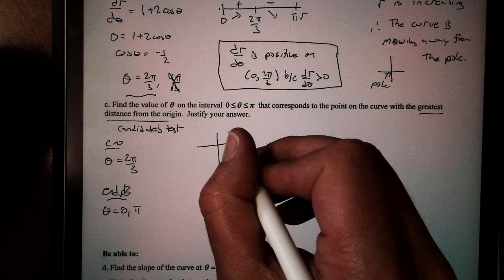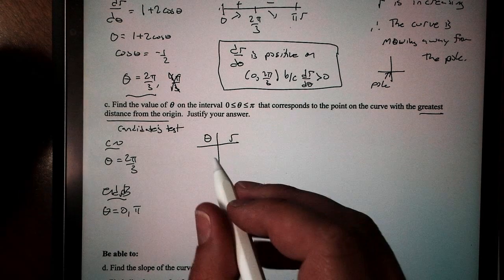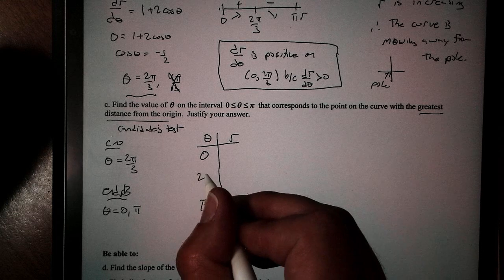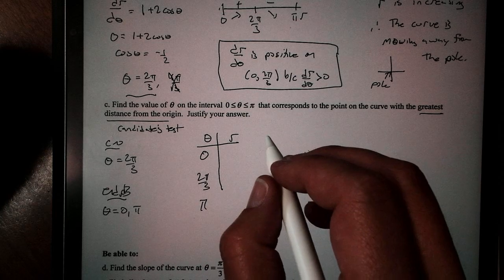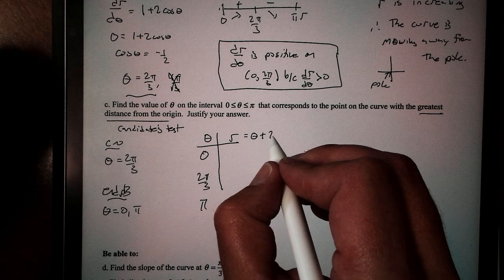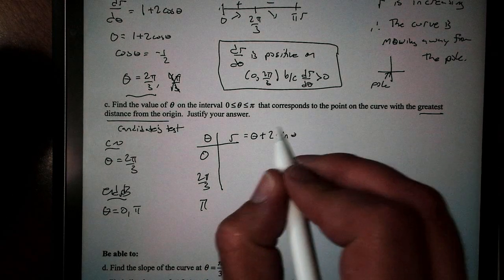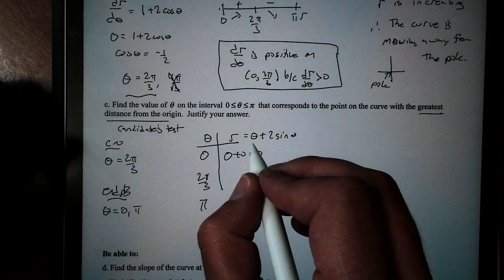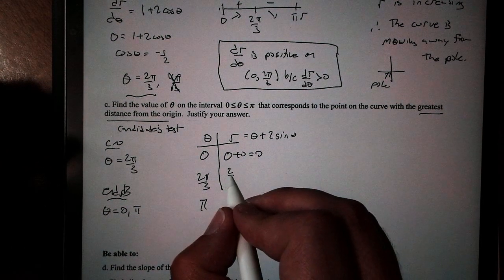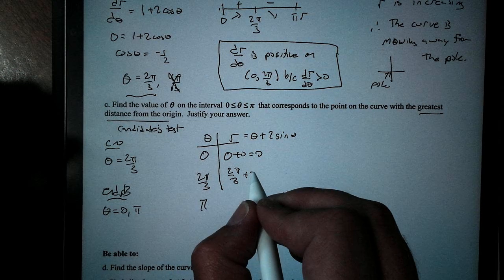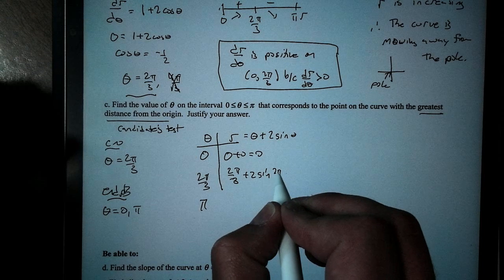Here's theta and r: my endpoints 0, pi, 2 pi over 3. So I'm plugging into my r, which is theta plus 2 sine theta. If I plug 0 in, we're going to get 0 plus 0, so that's 0. For 2 pi over 3, 2 pi over 3 plus 2 sine of 2 pi over 3.